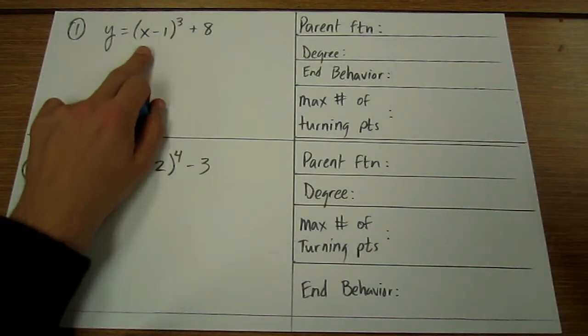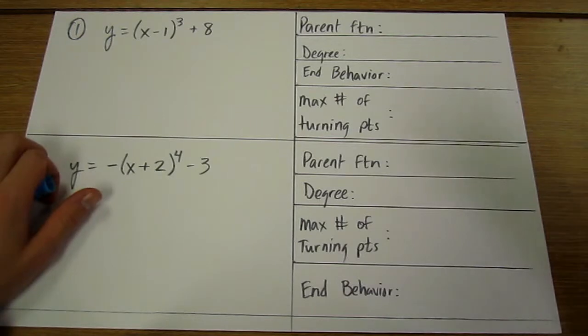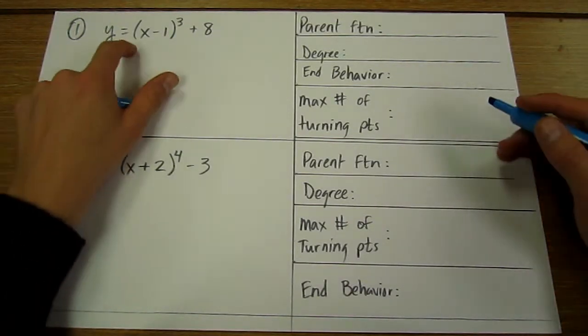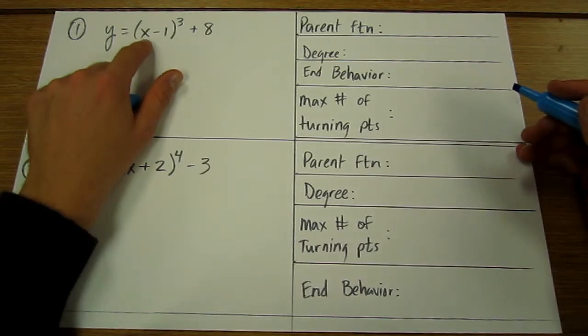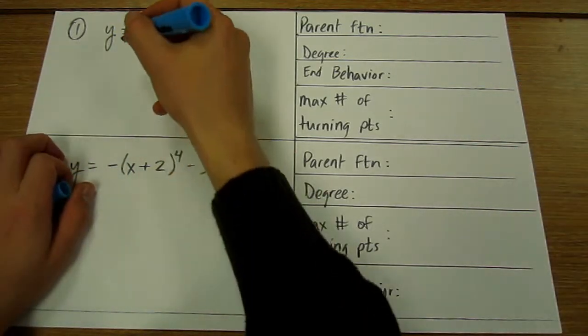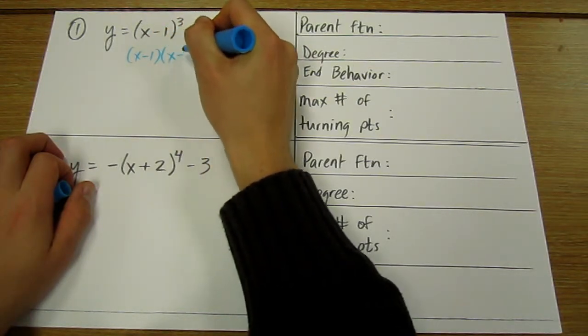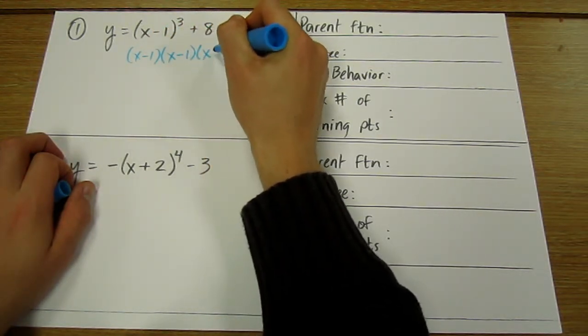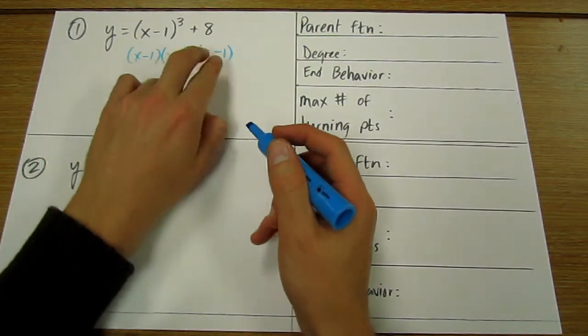Question number 1, if we have y equals x minus 1 to the third power plus 8. Our parent function comes from just doing the math and expanding this thing out. So if we wanted to, we could take x minus 1, and multiply that by x minus 1, and multiply that by x minus 1, because we have one of these, two of these, three of these.